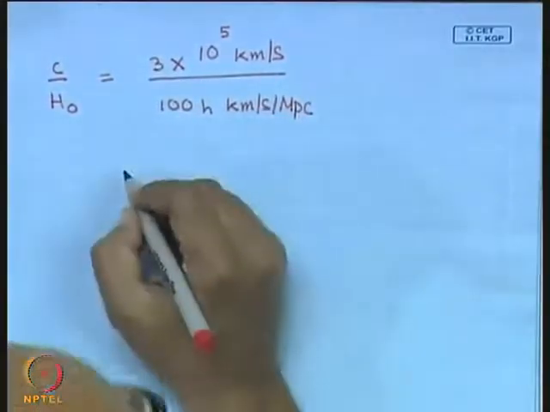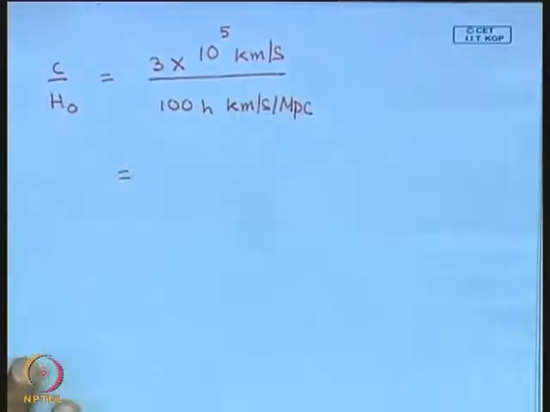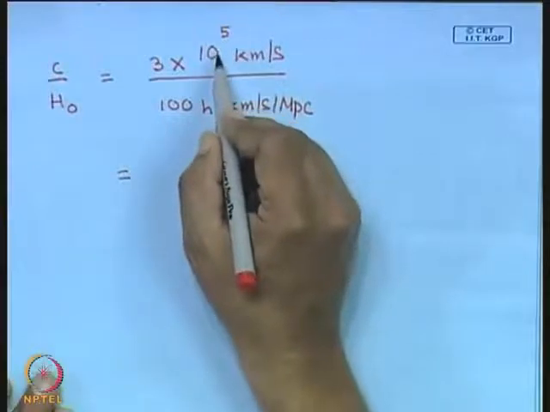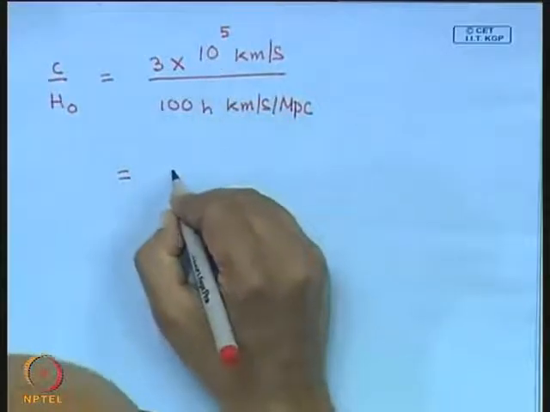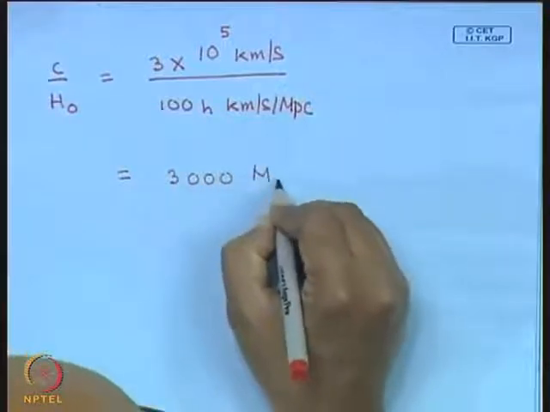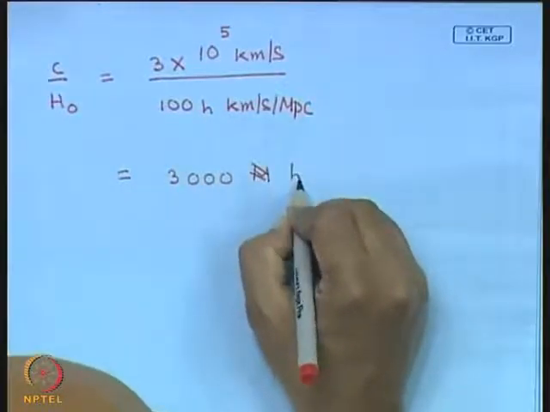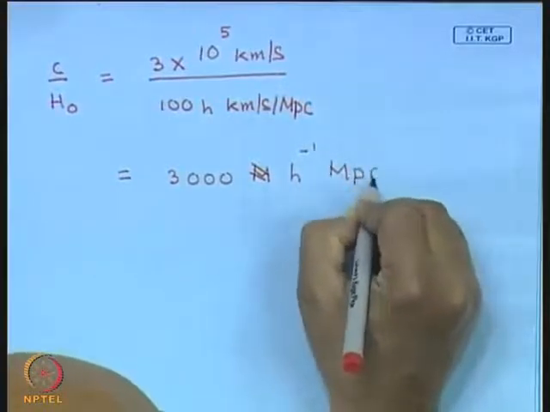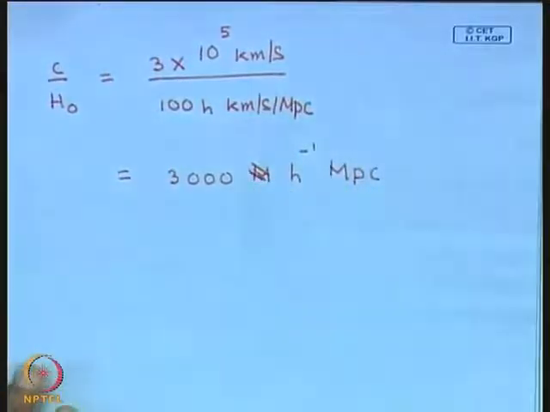So we see that the Hubble radius has a value which is 3000. Here we have 100, here we have 10 to the power 5, so it is 3000 h inverse Mpc. And the horizon in this model is twice this, 6000 h inverse megaparsec.